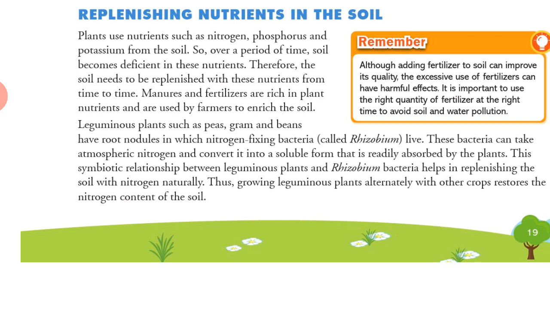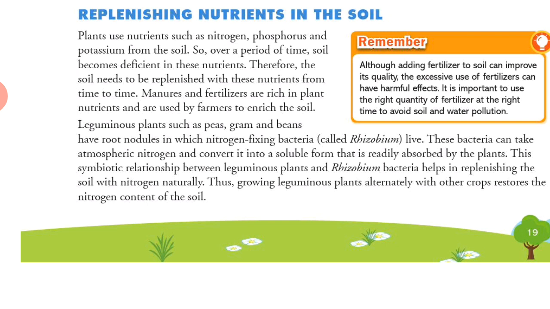This symbiotic relationship between leguminous plants and rhizobium bacteria helps in replenishing the soil with nitrogen naturally, thus growing leguminous plants alternately with other crops restores the nitrogen content of the soil.